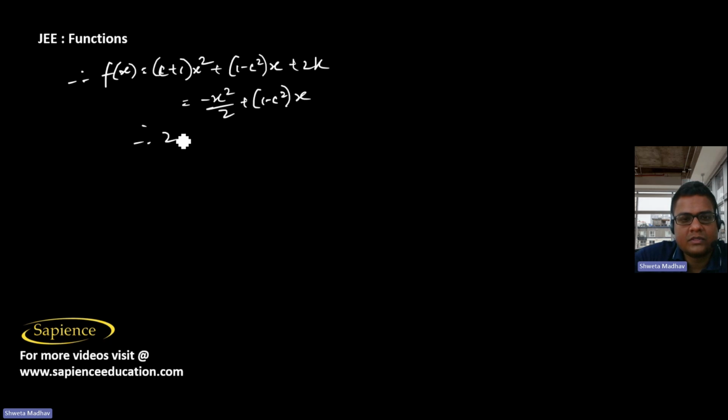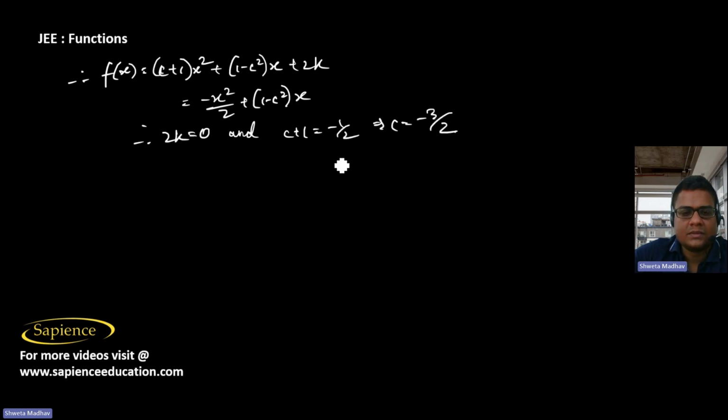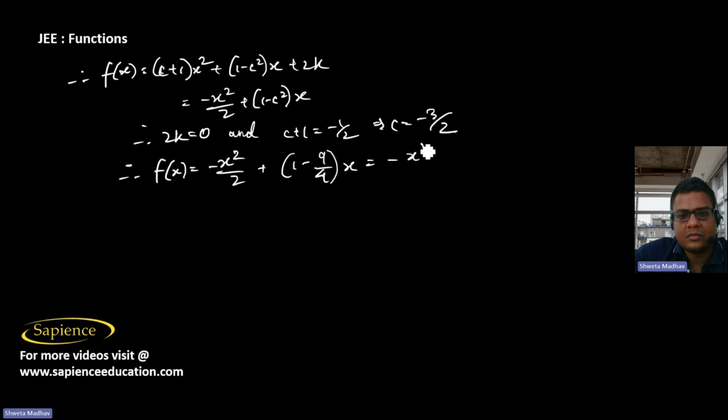So therefore from here we can say 2k equal to 0 and c plus 1 is equal to minus half. So c will be equal to minus 3 by 2. So therefore this function f of x can be written as minus x square by 2 plus 1 minus 9 by 4 into x. So this is minus 5 by 4. So this is minus x square by 2 minus 5 by 4 into x.